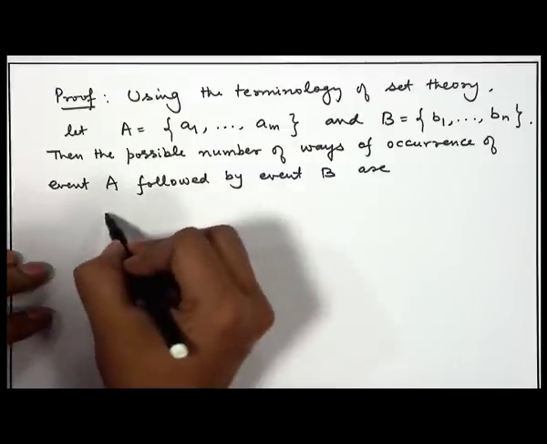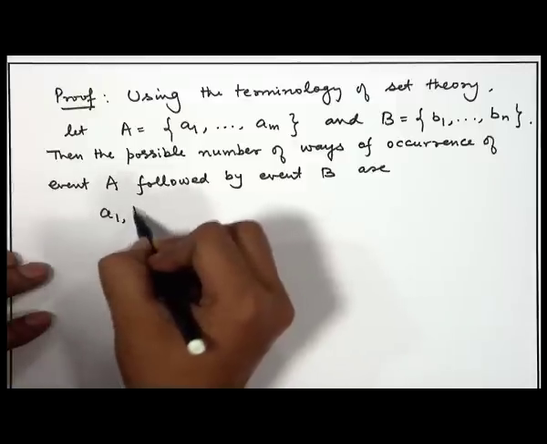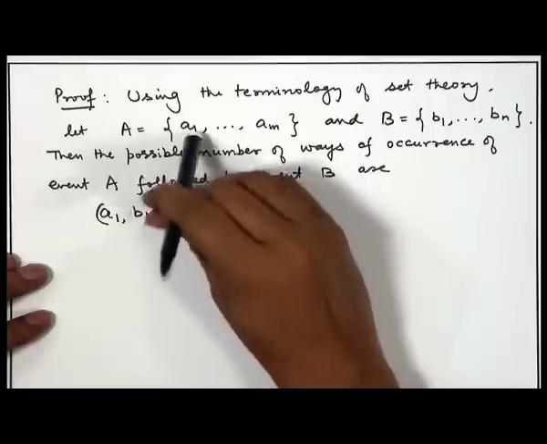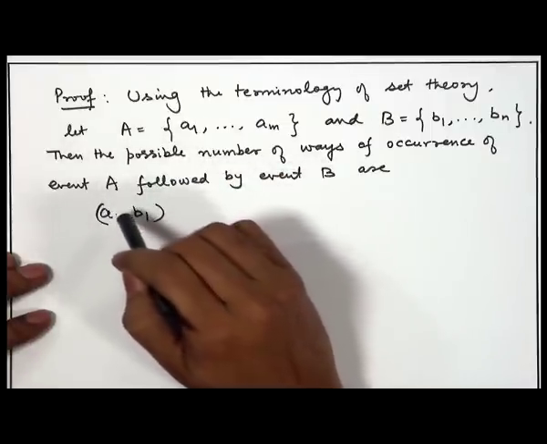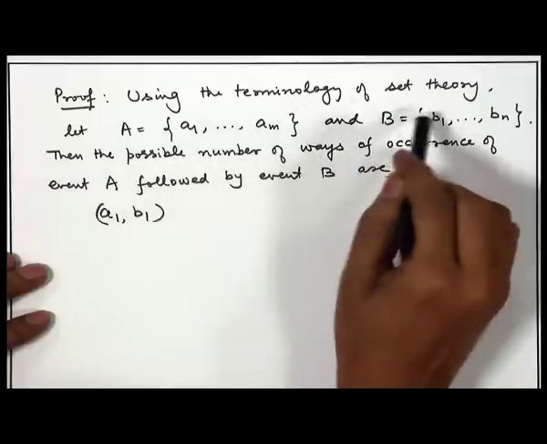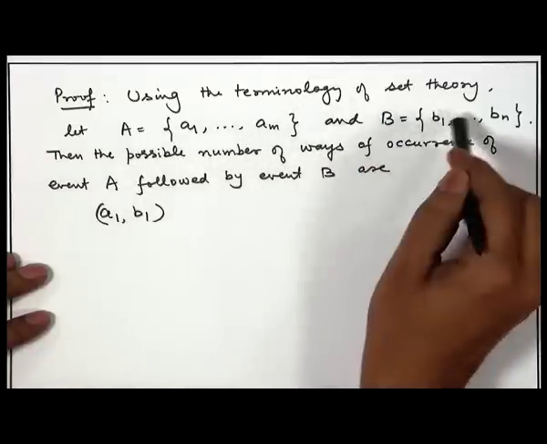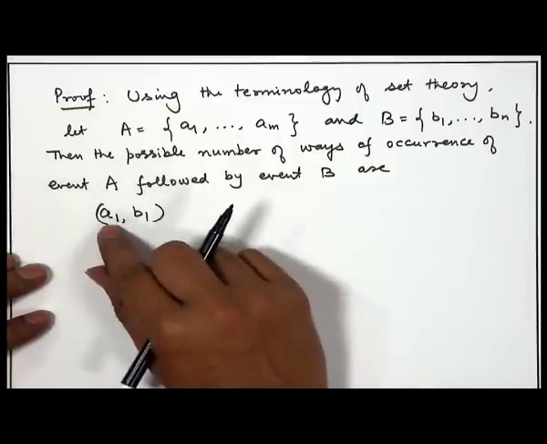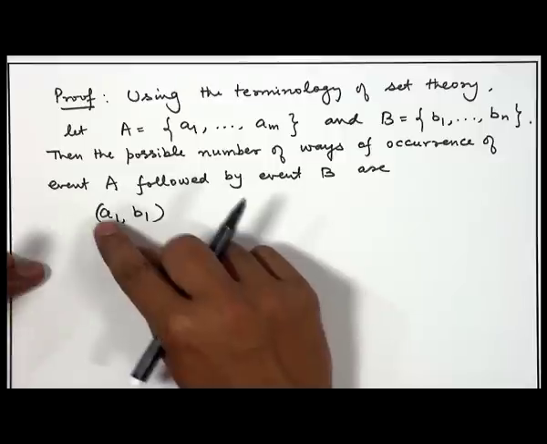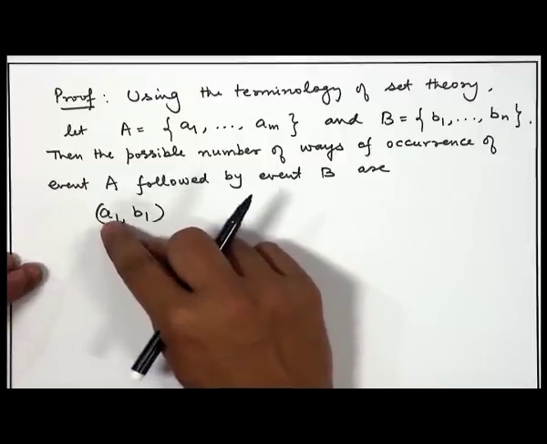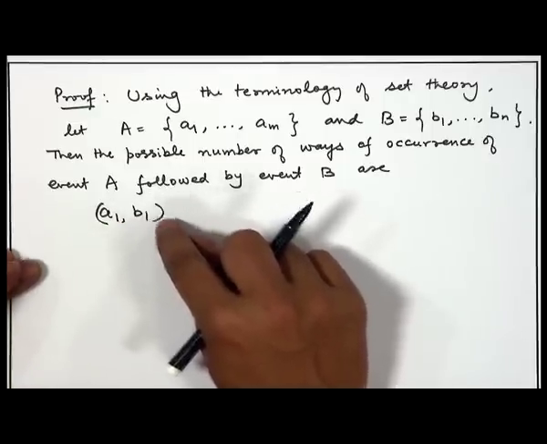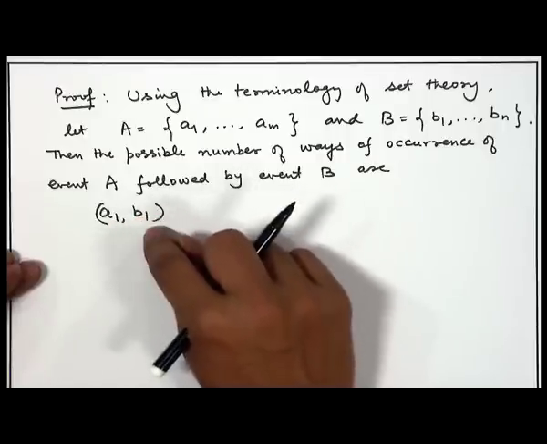So, for example, you can say a1 b1. What does it mean? That means, for event A to occur, we choose the method a1. Similarly, for the event B to occur, the occurrence is by b1. Like I can say, for travelling from Delhi to Mumbai, we chose a flight. So, maybe the first flight, and for travelling from Mumbai to Chennai, again we choose the first flight. So, it is a1 b1.